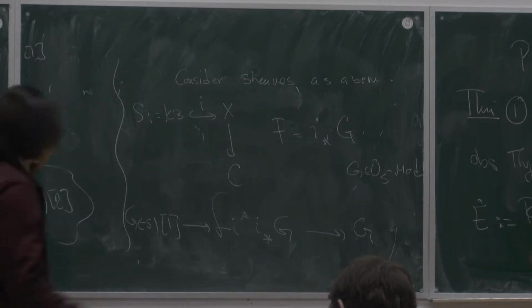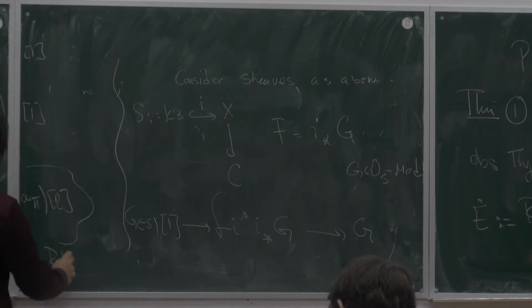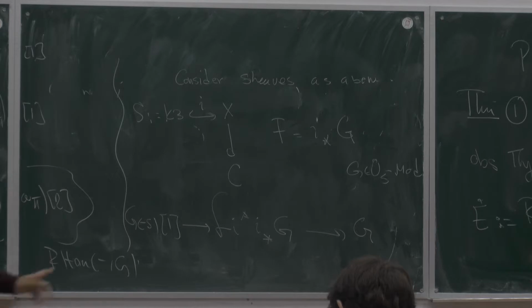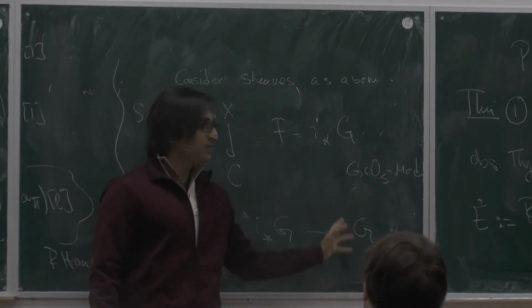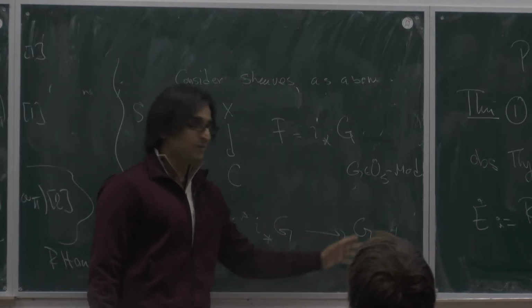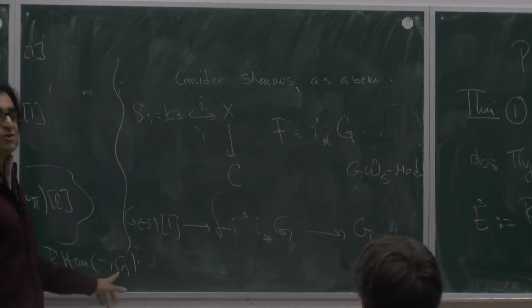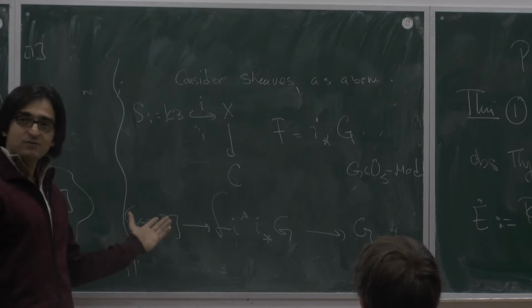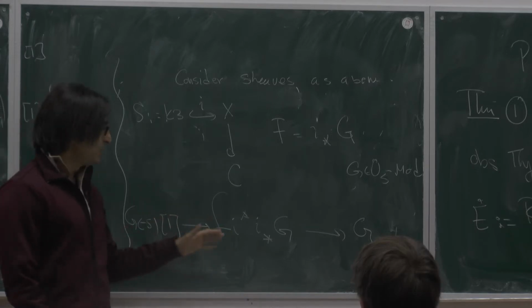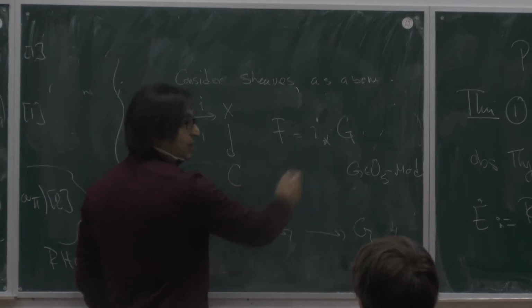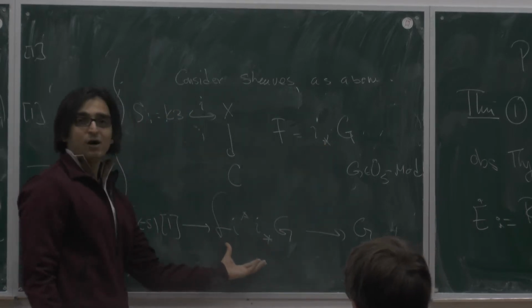So for instance, now if you just apply RHom to G, it is a nice thing because RHom(G, G) gives you the deformation in the fiber. RHom of this thing with G, G, by the left adjointness of the left derived pullback and the right derived pushforward, gives you RHom of i_* G, i_* G. So in the middle you will get RHom(F, F).